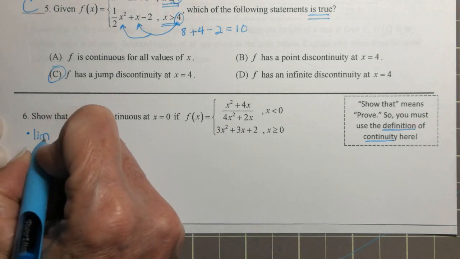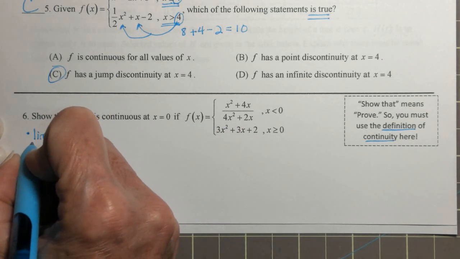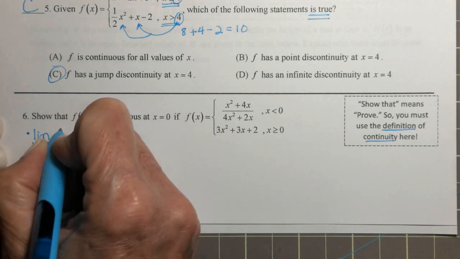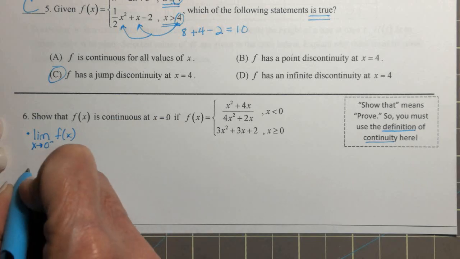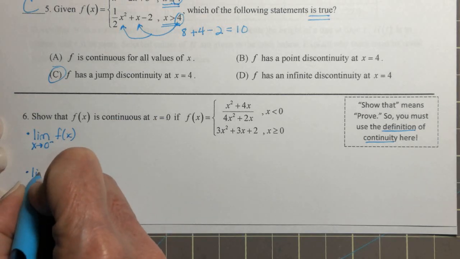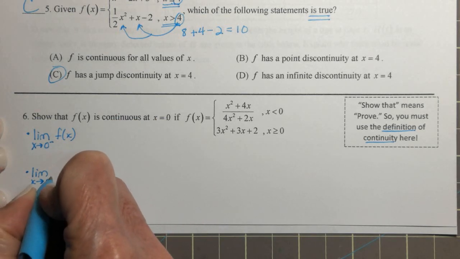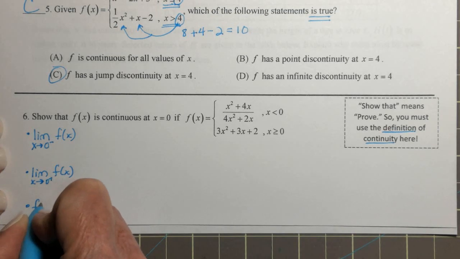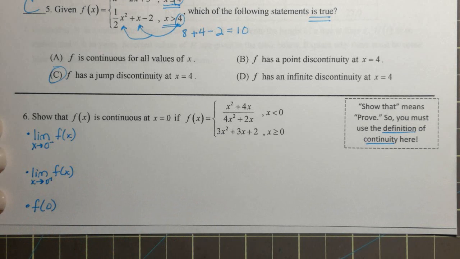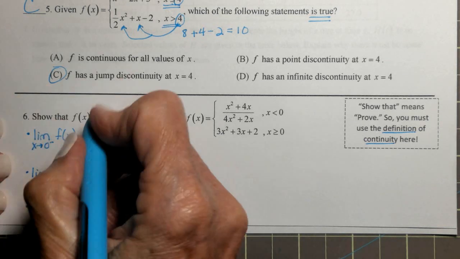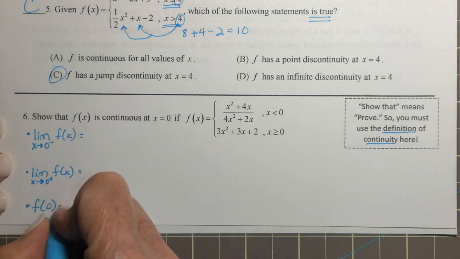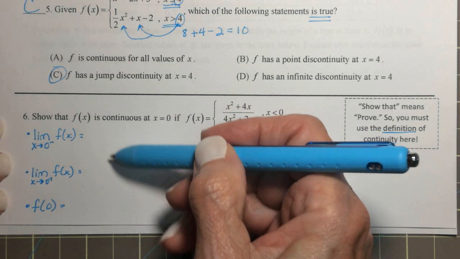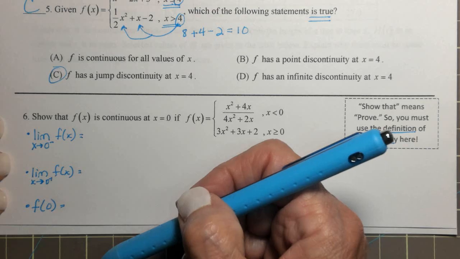I need to show that the limit as x approaches 0 from the left is equal to the limit as x approaches 0 from the right, and that is equal to f of 0. That's the rigorous definition, so that's what we have to do. They are telling us to show that it's continuous, so these are going to be equal, okay?